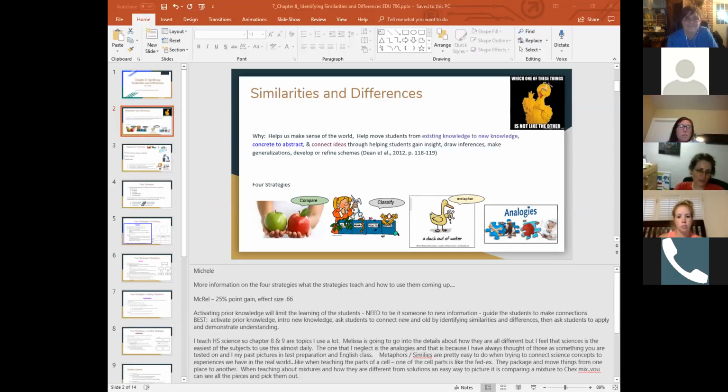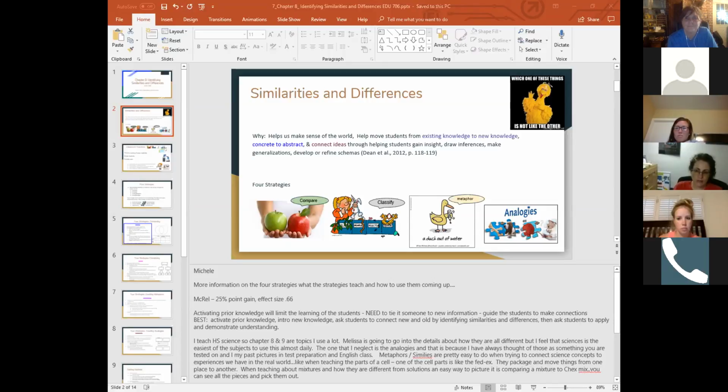But there are four strategies, and Melissa, coming up, is going to talk a little bit more in detail about each of them: comparing, classifying, metaphors, and analogies. So we talked earlier about how we can move from existing knowledge to adding new knowledge. Another term for that is activating prior knowledge.